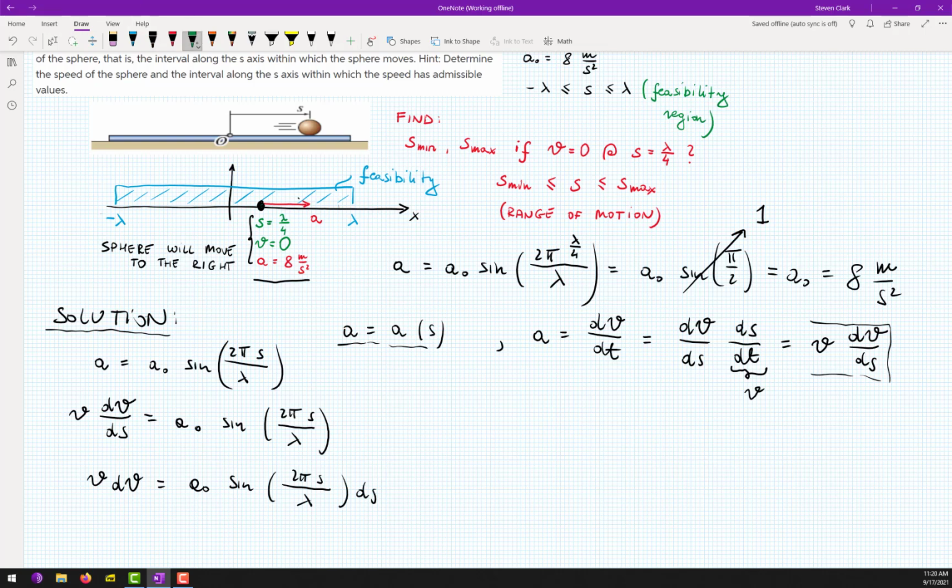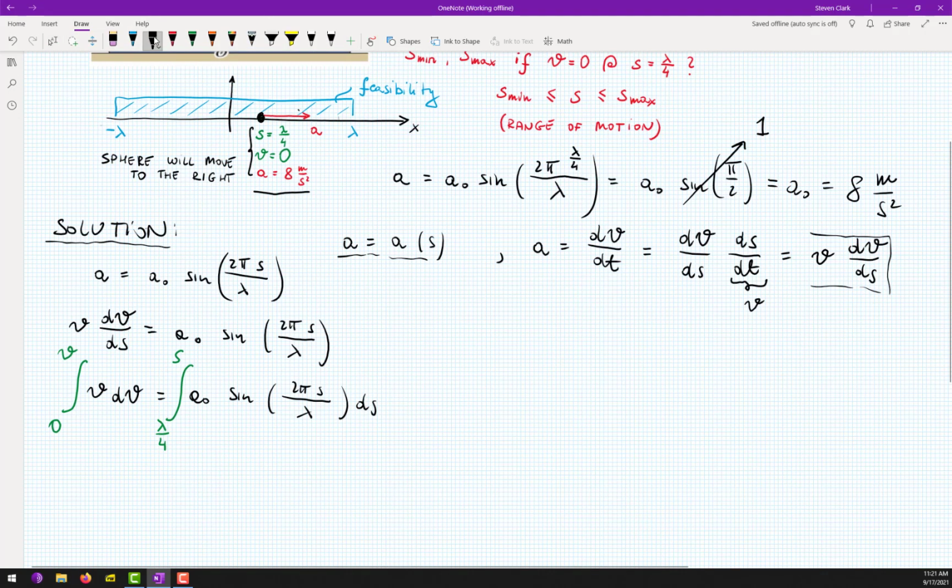Let's integrate. Our thing starts from 0, and it also starts from lambda over 4, and we will end up with some velocity obtained at some position. These are the integration bounds.